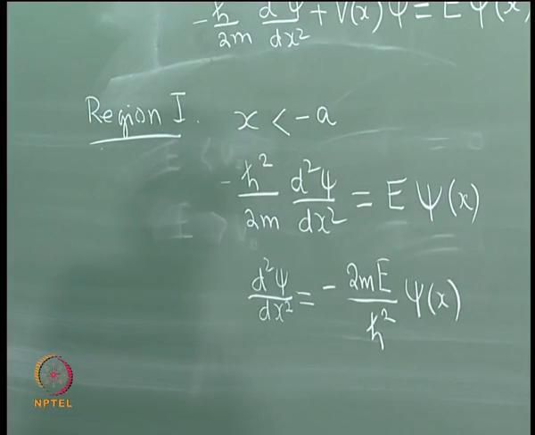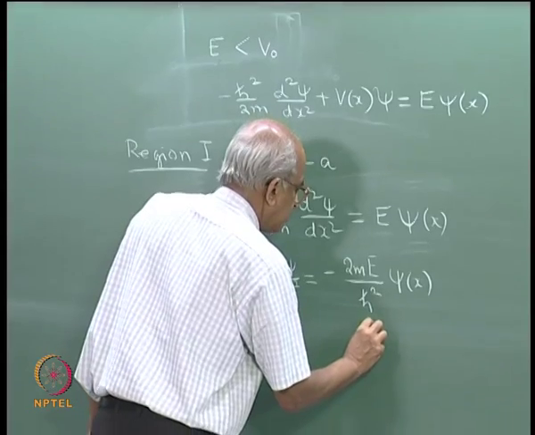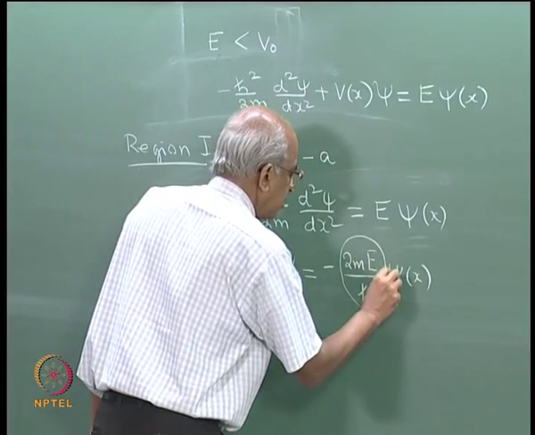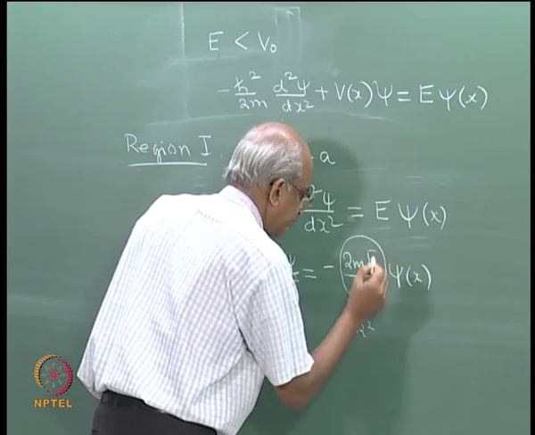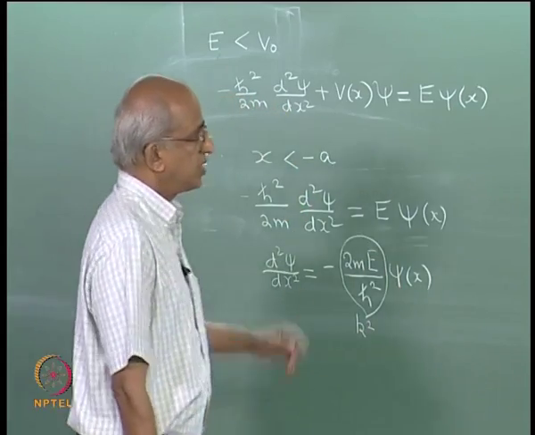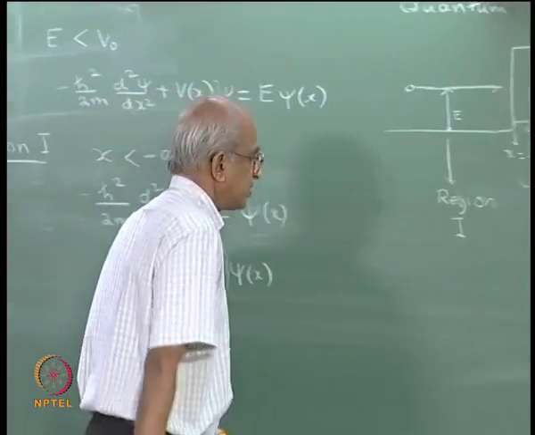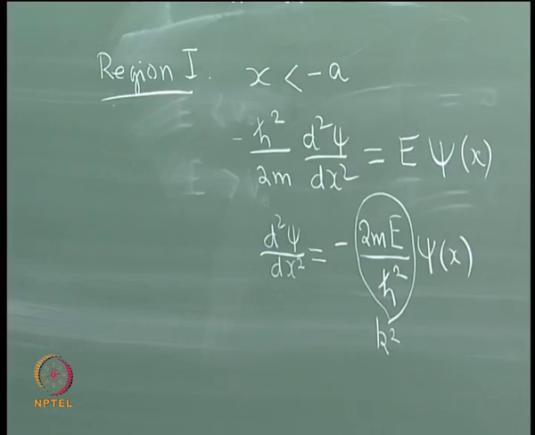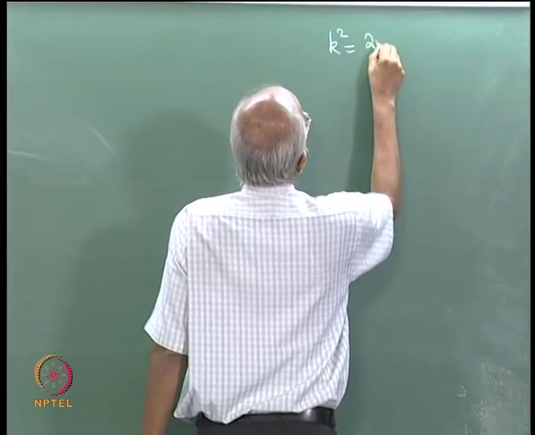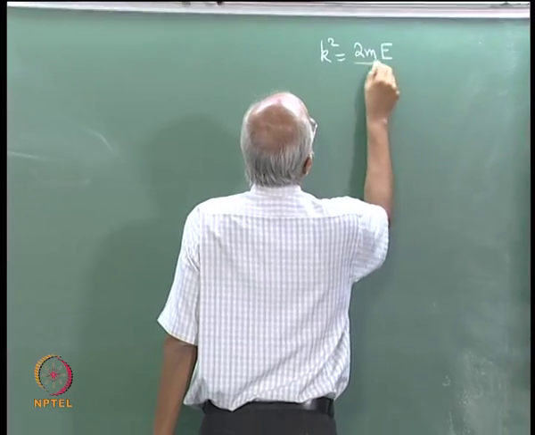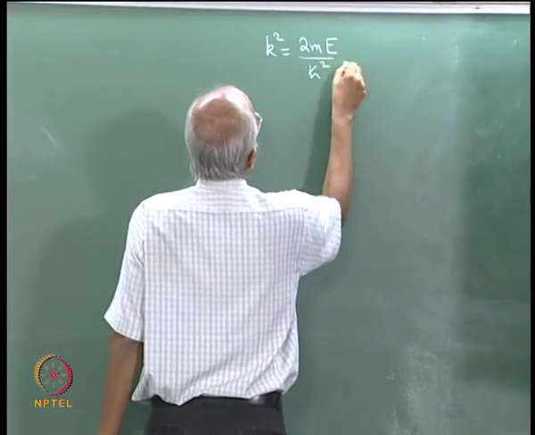And it is quite convenient if I introduce a constant which I shall define as k square. So, what is my definition of k square? Let me write it here. k square is defined to be equal to 2m E divided by h cross square.